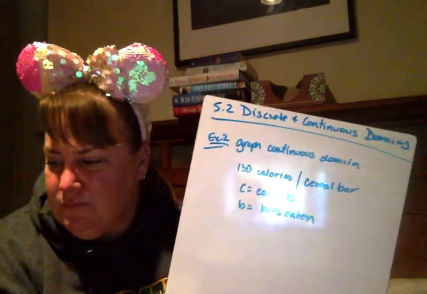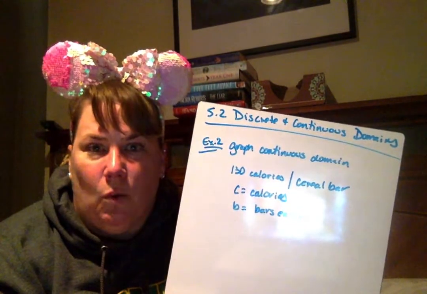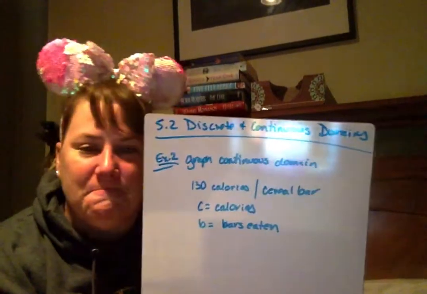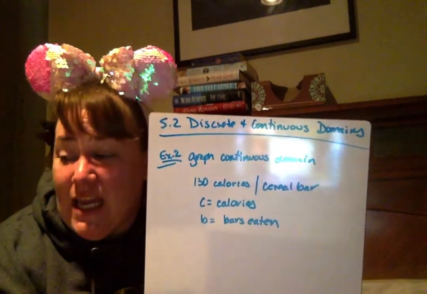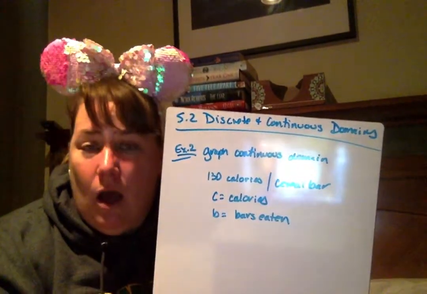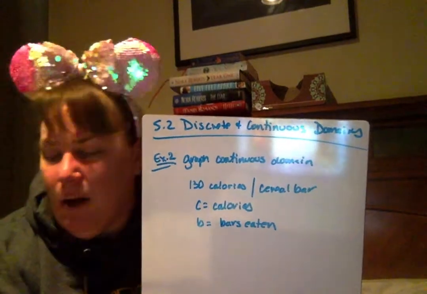Okay, so C is calories, and B is bars eaten. Okay, graph the function. We've got to figure out an equation. It tells us the number C of calories consumed is a function of the number B bars eaten.